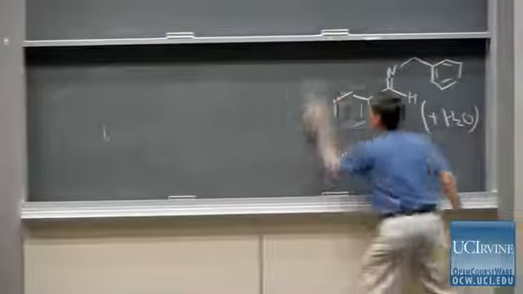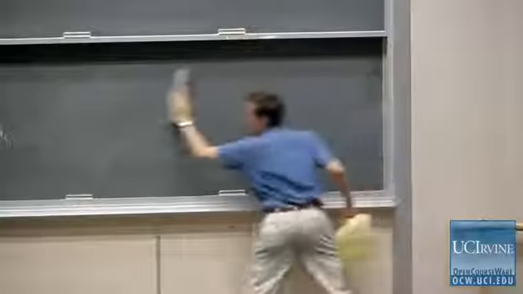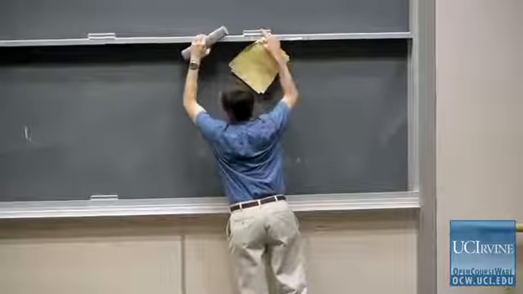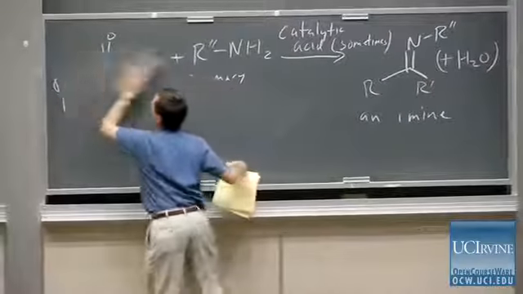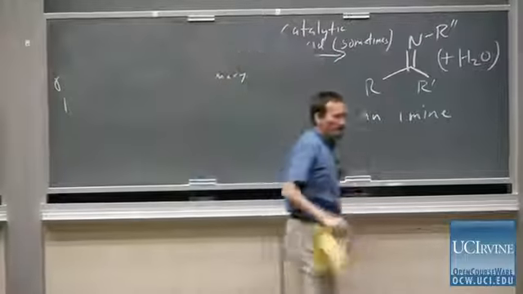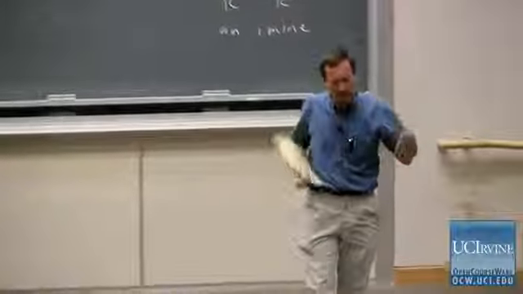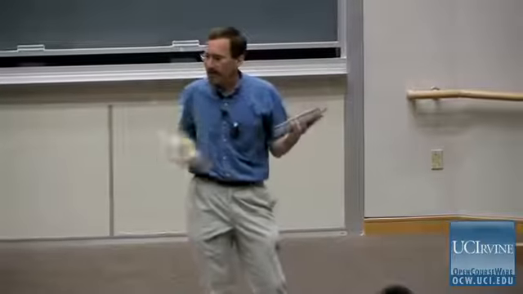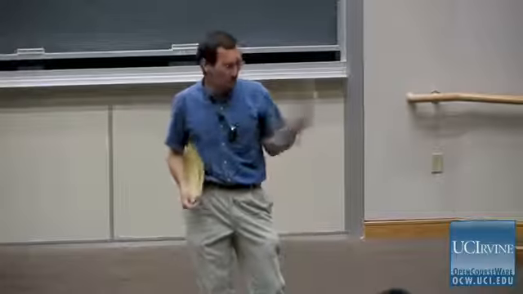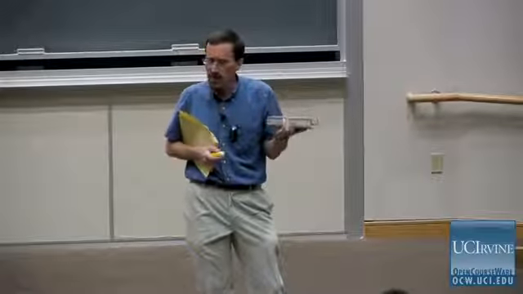So, let's talk about the mechanism of imine formation. And so now we come to the stage that's been set by cyanohydrin formation and by the Wittig reaction, where nucleophiles like to add to the carbonyl compound.